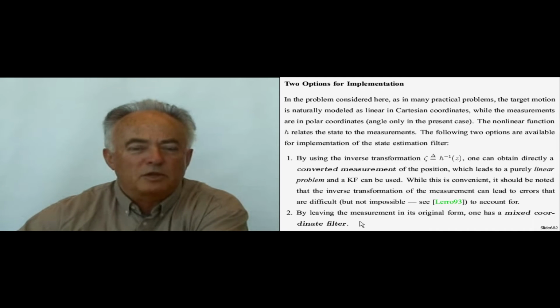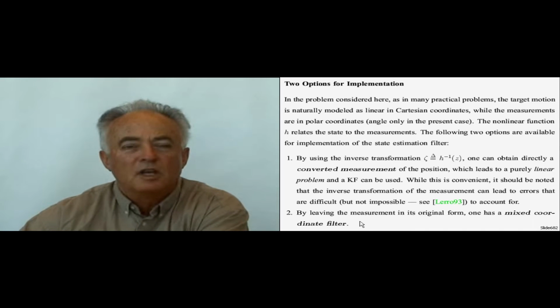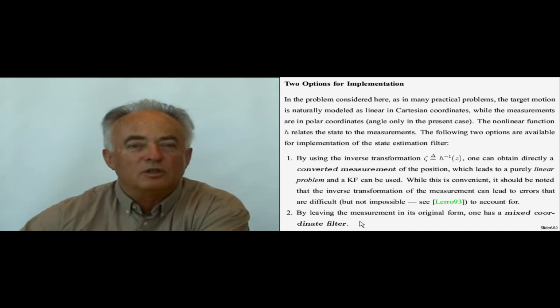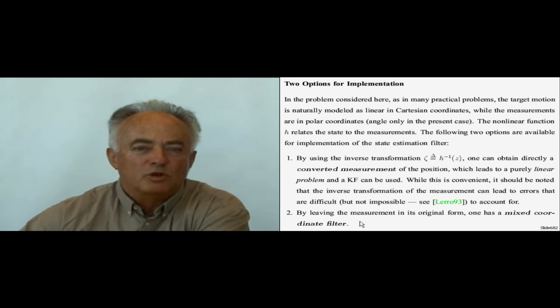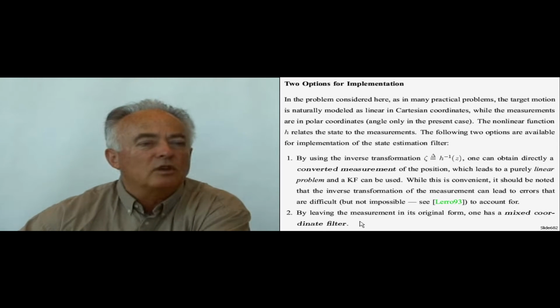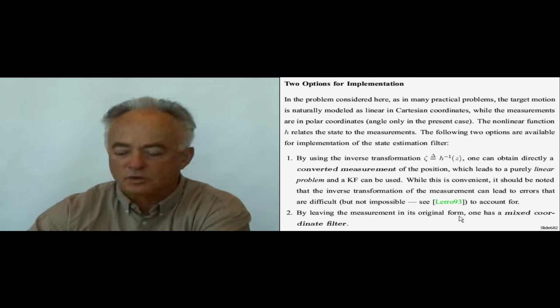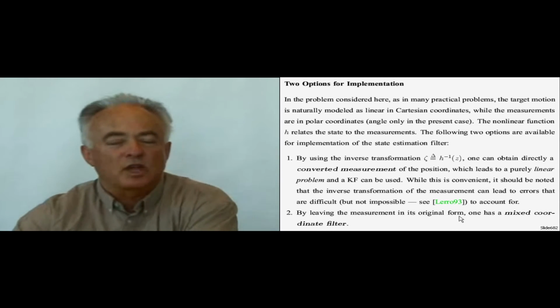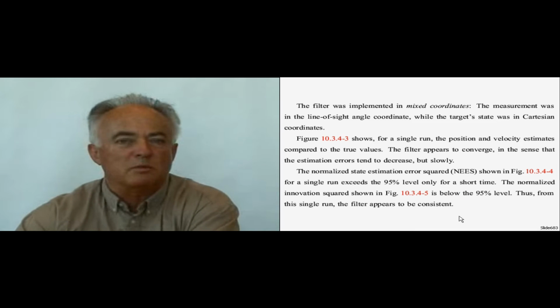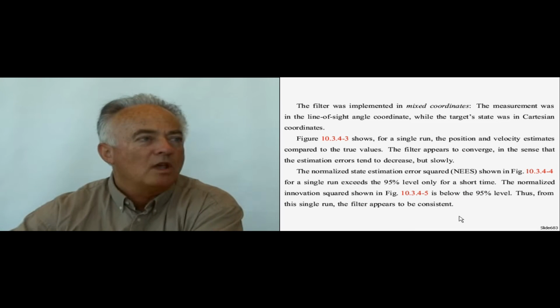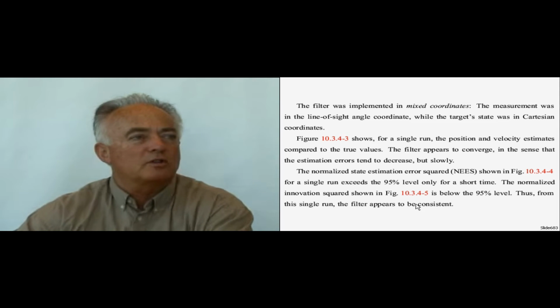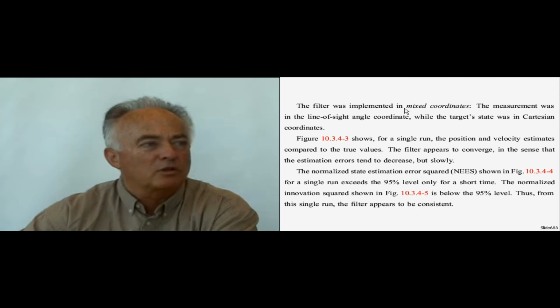So if you have the simplest possible motion, which is constant velocity or nearly constant velocity, it becomes very nonlinear in polar coordinates. So we keep motion in Cartesian, and the second option would keep the measurements in polar or angle only and use the nonlinear function that transforms or relates the state in Cartesian to the measurements in polar. The implementation we'll discuss is the mixed coordinate implementation.